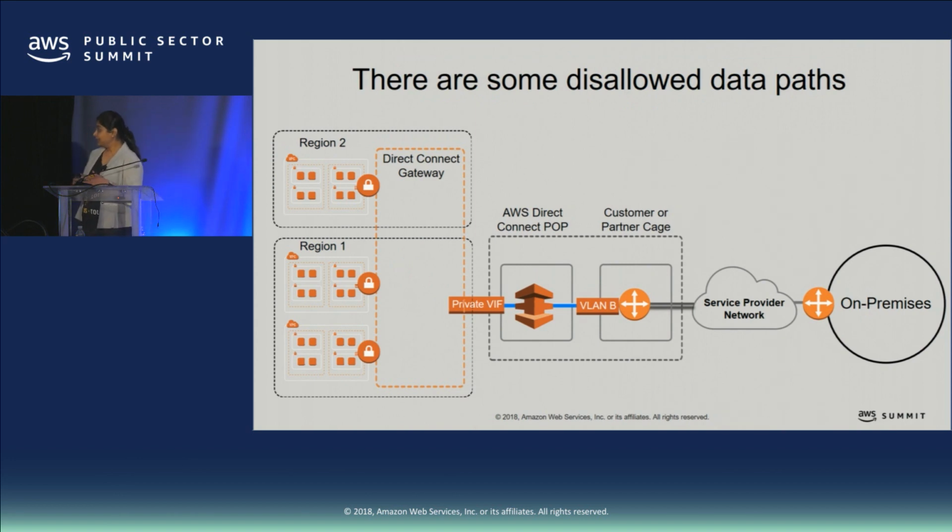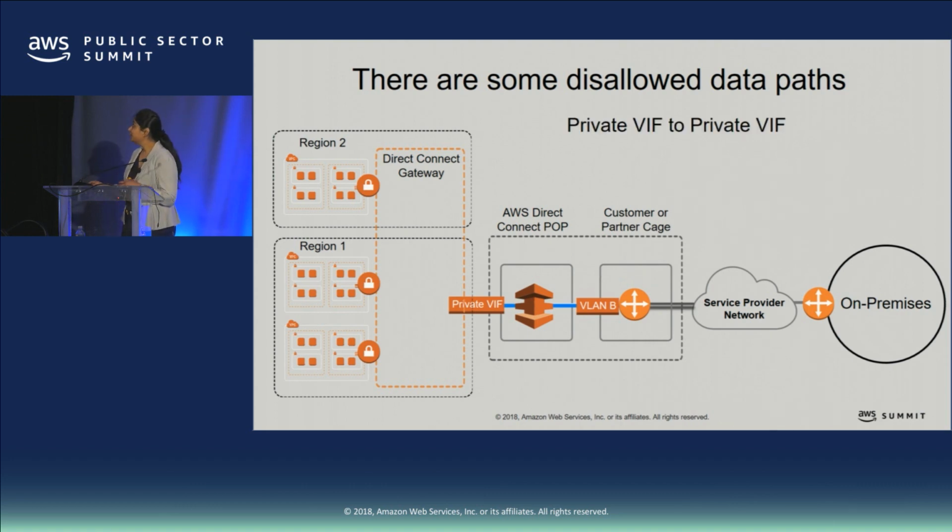While using Direct Connect Gateway, there are a few disallowed data paths that you have to keep in mind. So for example, if you have a private virtual interface connected to a VPC A, and another private virtual interface connected to another VPC B, you cannot use the Direct Connect Gateway to act as a transitive routing path between private virtual interface A and private virtual interface B. So what I mean by this is, Direct Connect Gateway cannot act as a transitive route entity between two similar AWS entities.